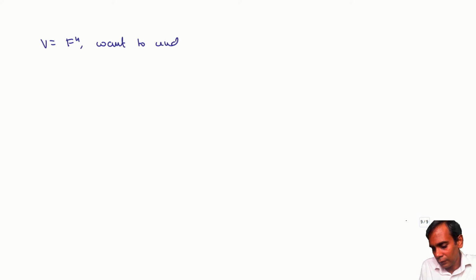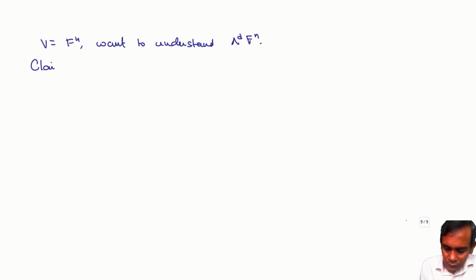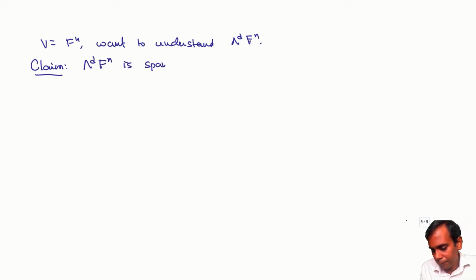Okay, so firstly we want to understand the basis of wedge d of a vector space. So we're going to look at V equals F^n now, and we want to understand the basis of wedge d F^n.